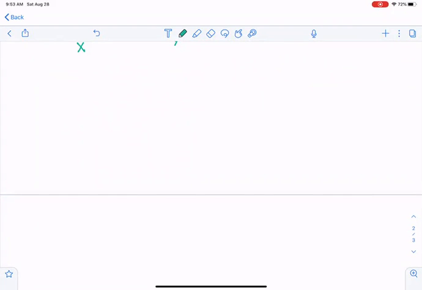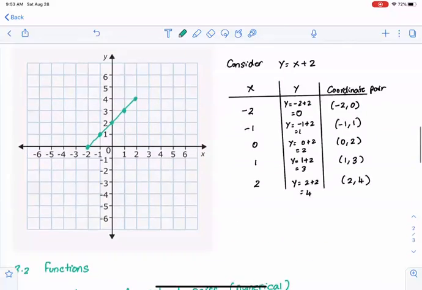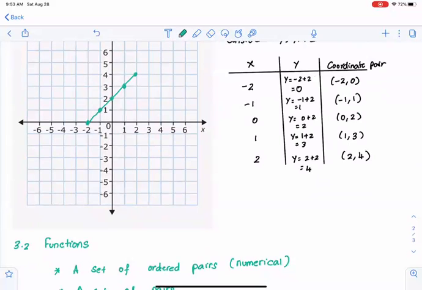Now, let's go back to what we did with the equation y equals x plus 2. We had coordinate pairs written out for y equals x plus 2. We had (-2, 0), (-1, 1), (0, 2), (1, 3), and (2, 4).